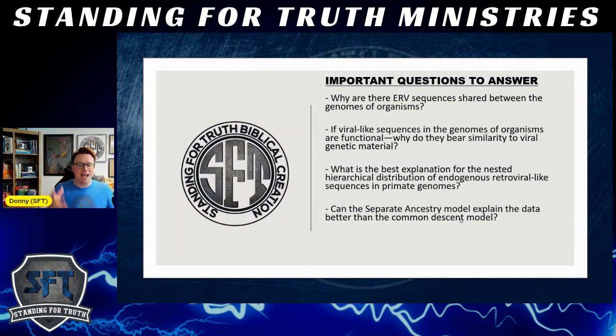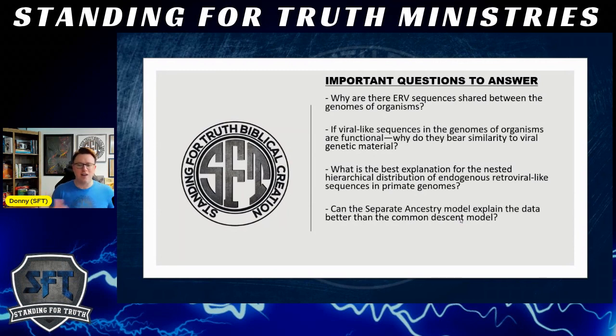You're going to get the same signatures that you would get if it was an external infection. But the key difference is we understand that we have these ERV elements. They are in abundance within the human genome specifically, and they have many, many functions, including mobility that generates variation from generation to generation.